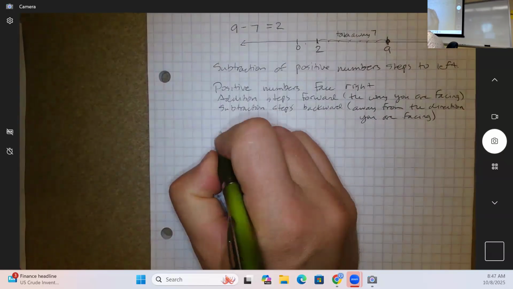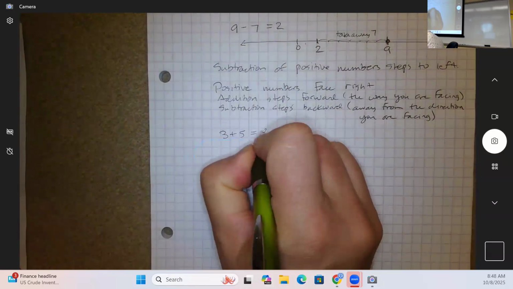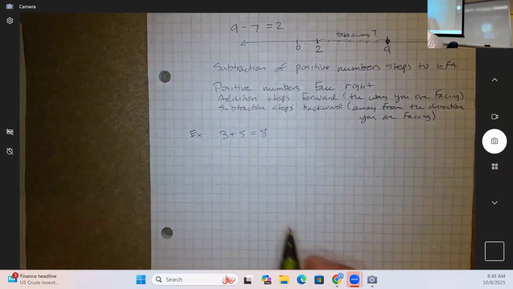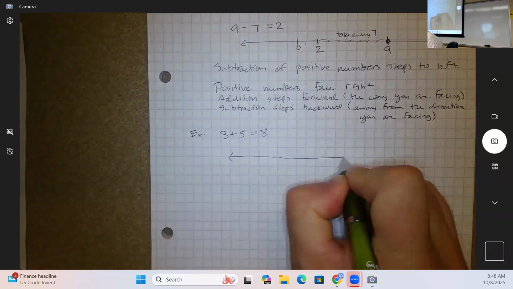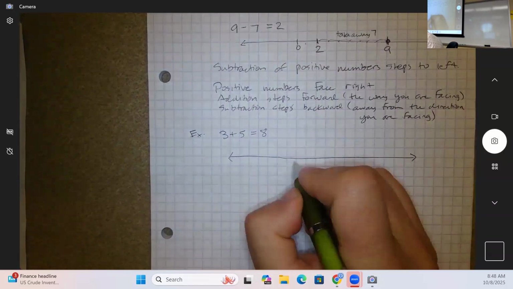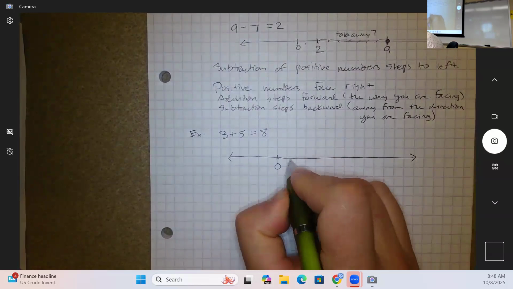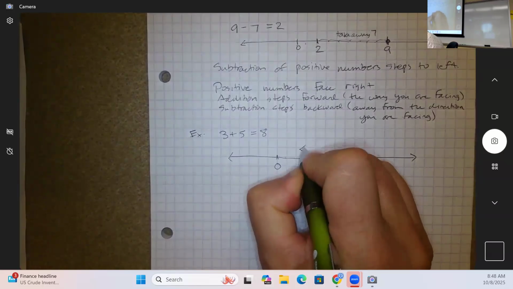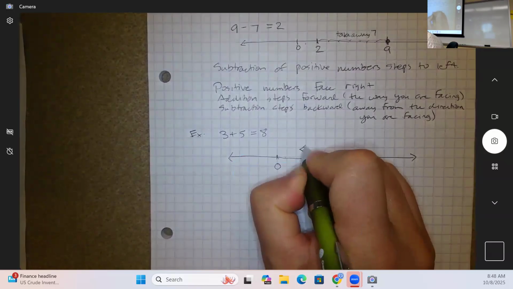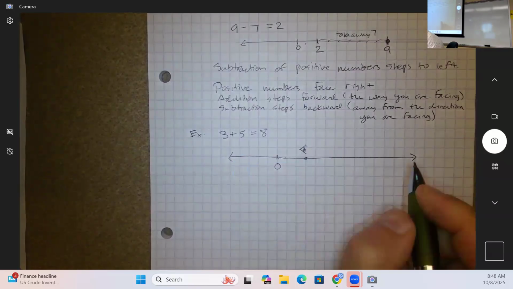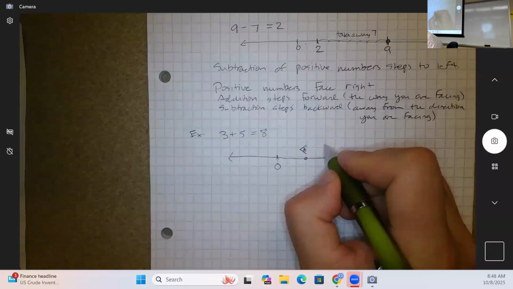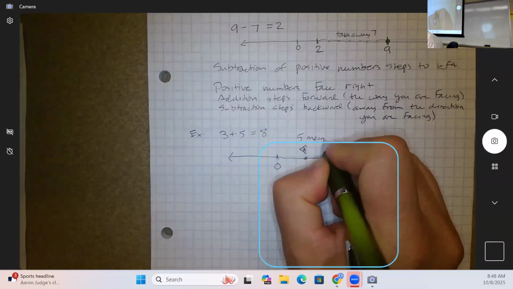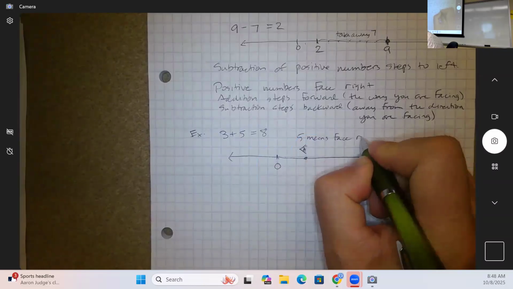So let's take our 3 plus 5 example again. Here's my 0, 1, 2, 3. I'm on 3. And the plus 5, or the 5, means face right.